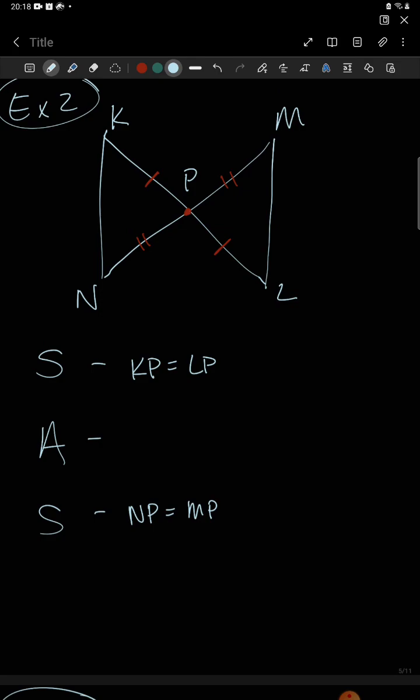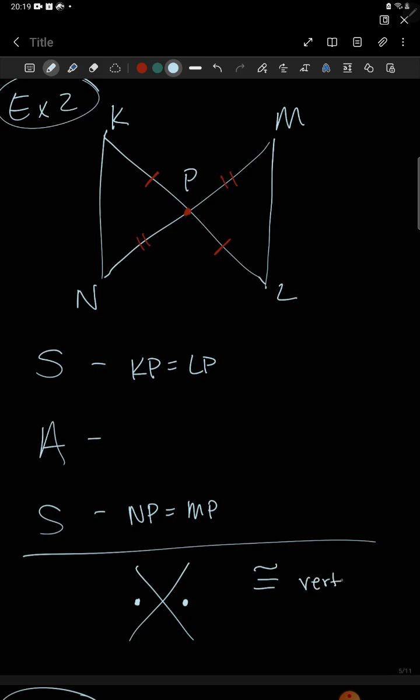I hope you remember. I'm going to take you down here to the bottom and give you a little note real quick. Remember, when 2 lines cross, there's a certain angle relationship that diagonal angles have to each other. Their relationship is that they're congruent. The name of the relationship is called vertical angles. Now don't get mixed up.